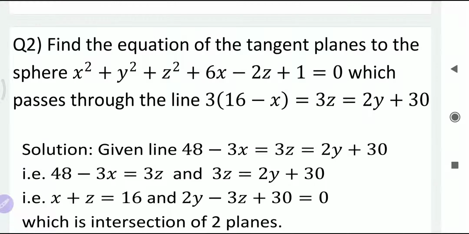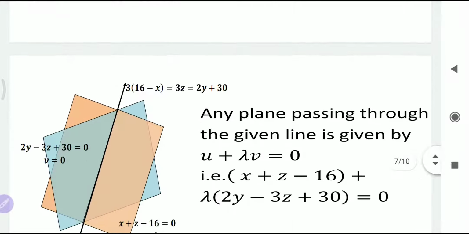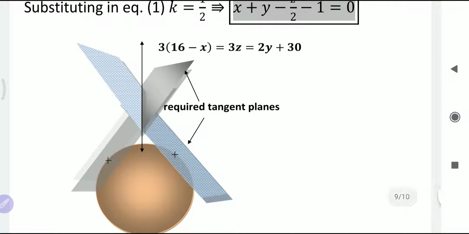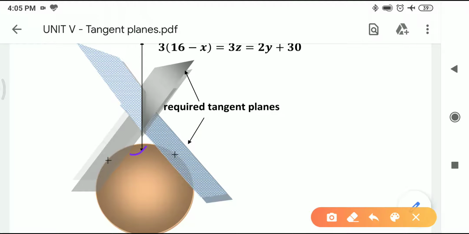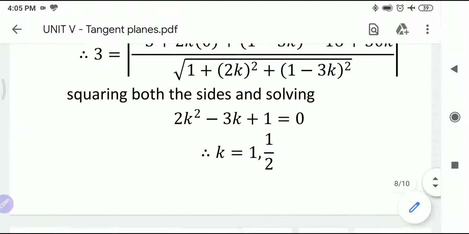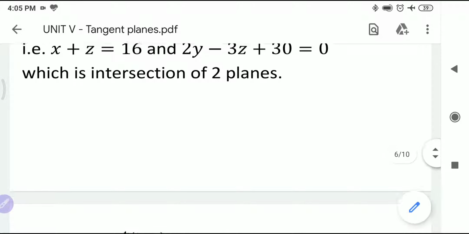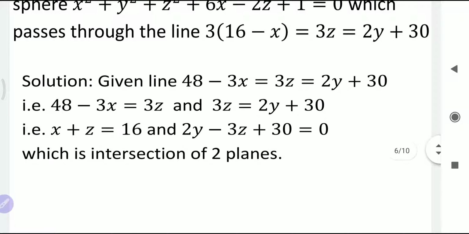If you look at the diagram, it will look like this. We have a sphere, and that sphere is passing through this line. The line is nothing but the intersection of two planes, because whenever two planes intersect, the intersection you get is a line.